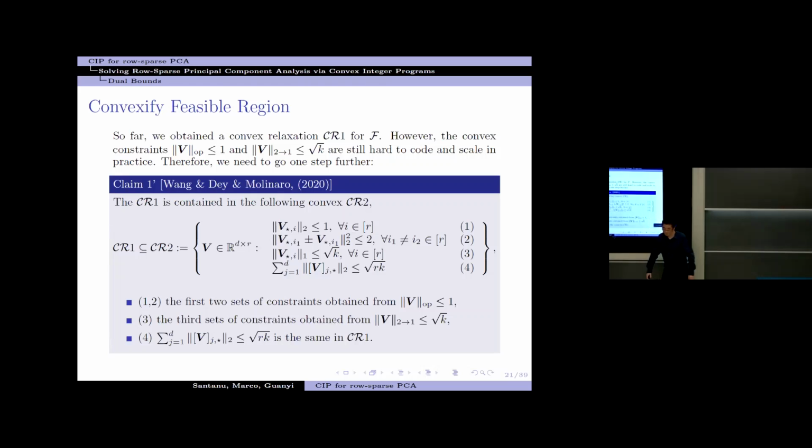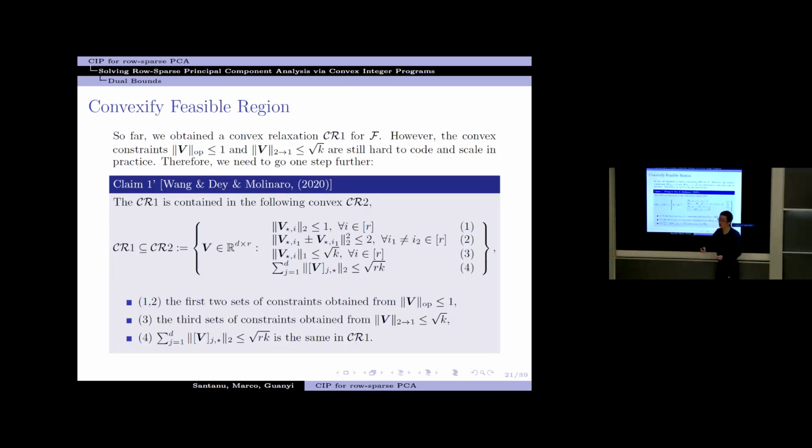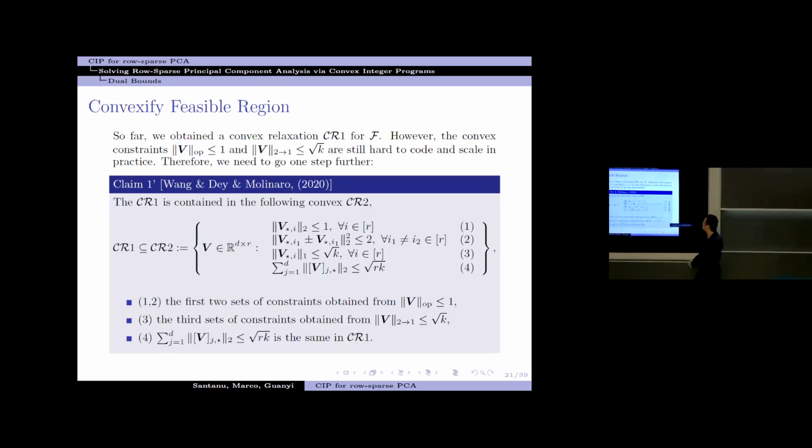And now, the second thing you would like to ask is the following. Okay, now we obtained the convex relaxation CR1 of the original feasible set F. But you may ask that, okay, the operator norm and the L2,1 norm are somehow hard to code and scale in practice, because the operator norm needs the SDP relaxations, and the L2,1 norm also needs SDP constraints to approximate.